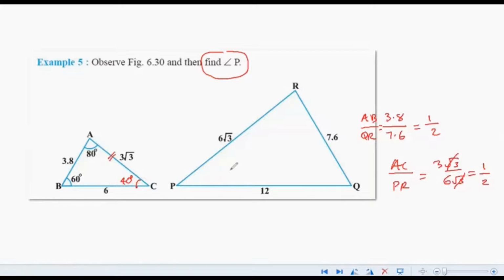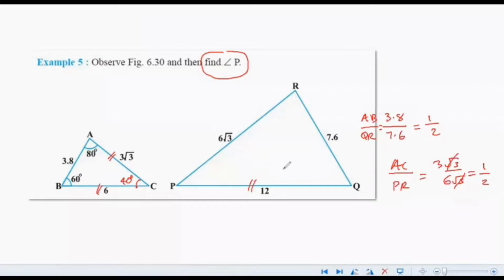Similarly, I think no need to write the third one. BC by PQ is 6 by 12, that is also 1 by 2. So here, since the SSS criterion is satisfied, that is the three sides in the first triangle are in proportion with the sides of the second triangle, we can say these two triangles are similar. If they are similar, the corresponding angles will be equal.